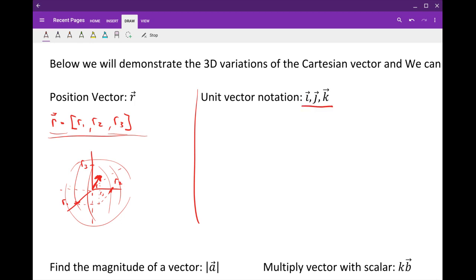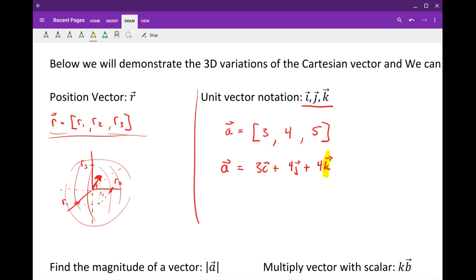Now, in unit vector notation, what we're familiar with were the i, j, k vectors as well. So I could say a vector is, for example, maybe 3, 4, 5. This is the square bracket way that our textbook uses a lot. But I could also write 3i plus 4j plus 4k. And so the only new thing here is that the k vector represents the z position, the z dimension.